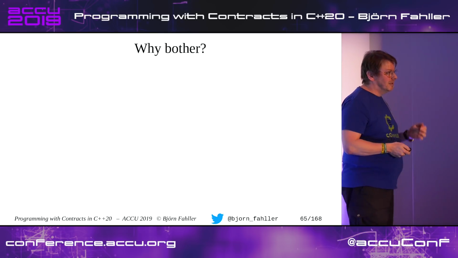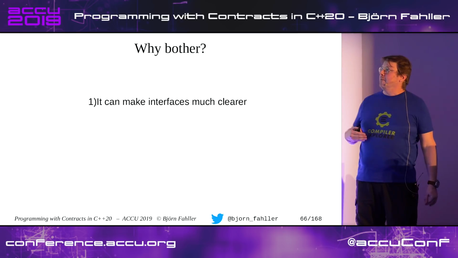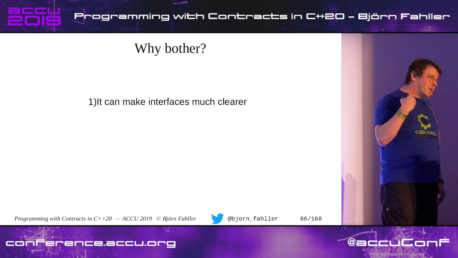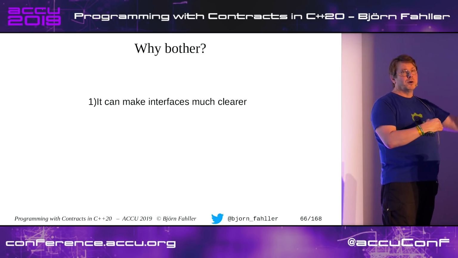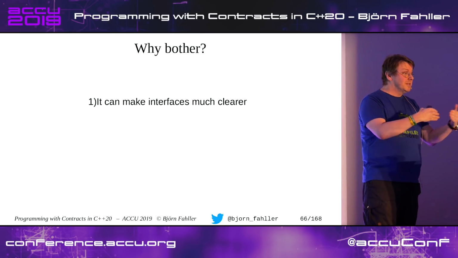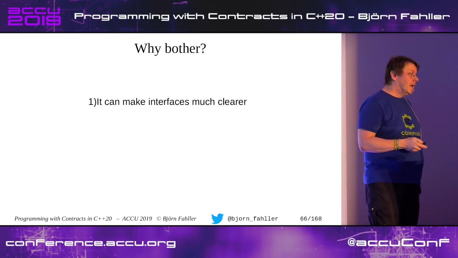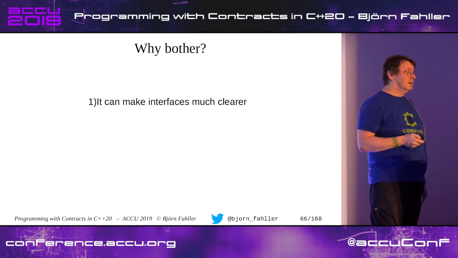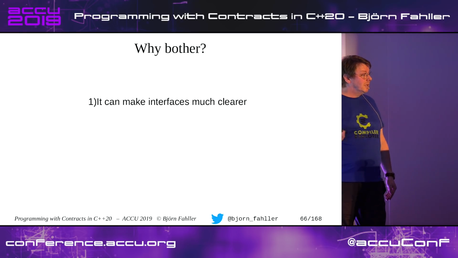So why bother with this exercise? Well, I think it can make interfaces much clearer, and I'm not talking only about when you read an existing interface and start writing your program for it. I also mean when you're actually designing your interface, you can discover discrepancies and inconsistencies while you are trying to figure out what it should look like. And you express that much more clearly later for the implementer and user.